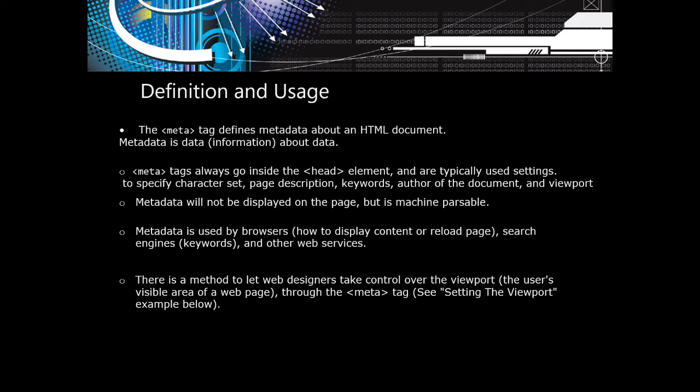Third, I want to mention that some meta tags can improve something called search engine optimization, and it sometimes helps search engines such as Google figure out if your website is what people search for. And there is a method to let web designers take control over the viewport. Let's move on.